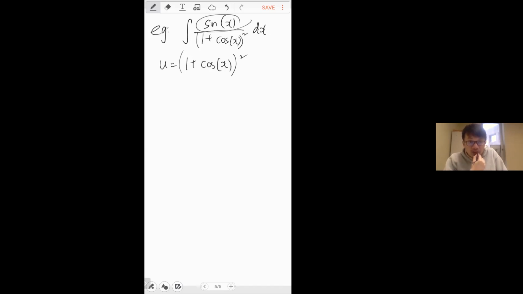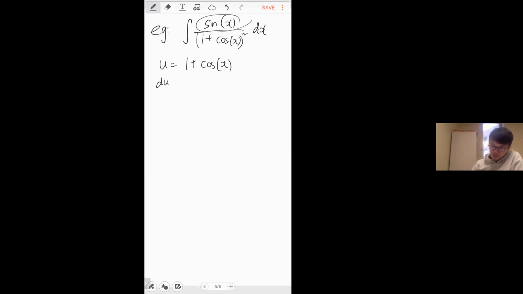If I pick that in the beginning, if I take the derivative and plug everything in terms of u, it wouldn't work. So the only thing I can say is you have to do a lot of exercises to see what's the best choice. But anyway, I'm picking u equals 1 plus cosine of x here.